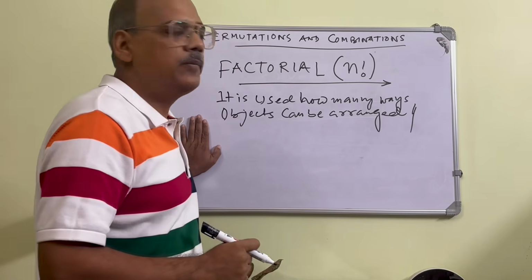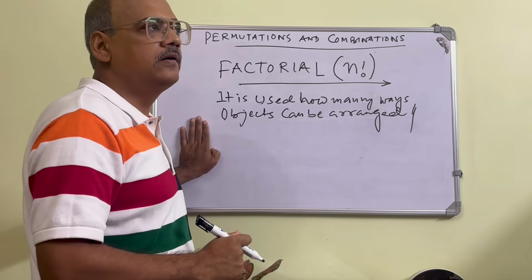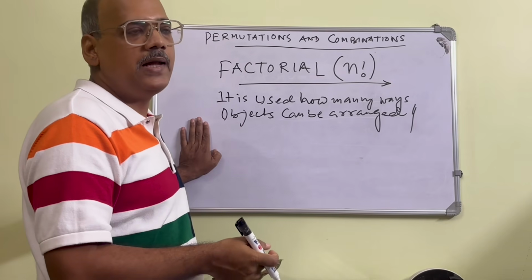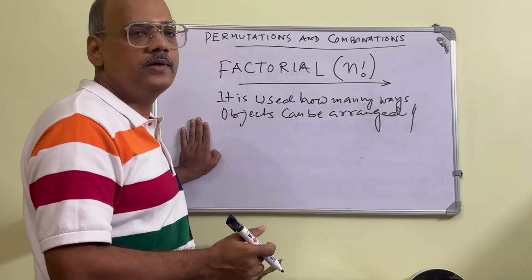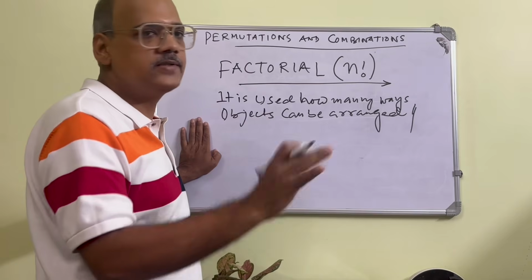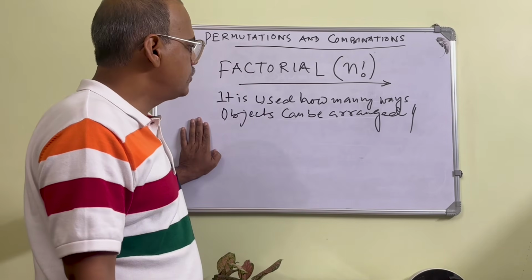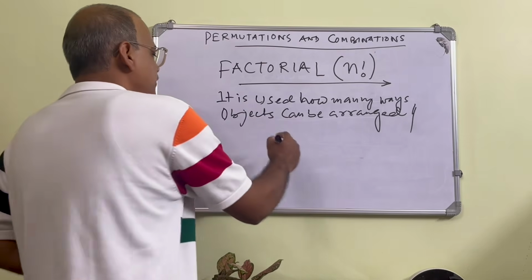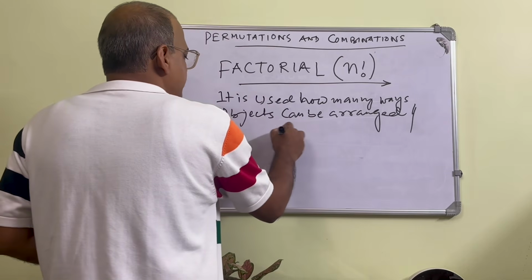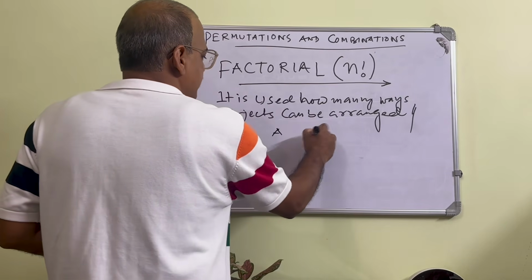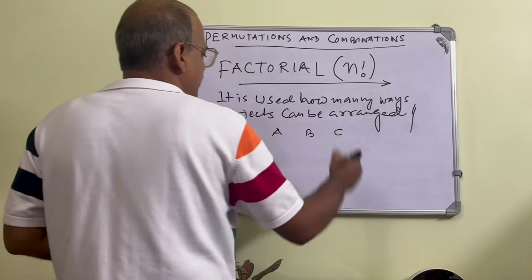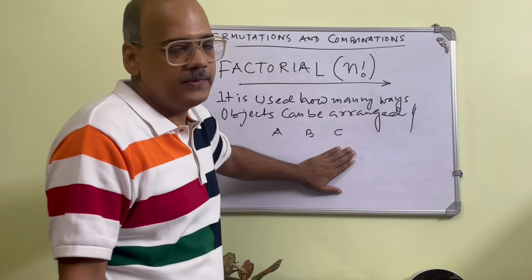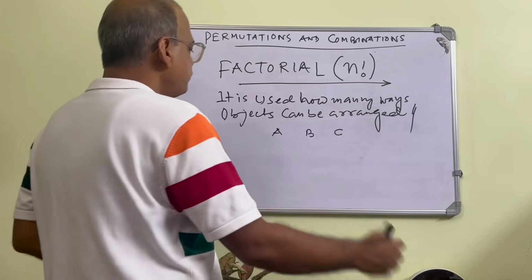Let me give you an example. Let's say you have 3 different comic books from 3 different authors, A, B and C, and you have been asked to arrange them in the possible ways on the shelf. So how many such arrangements can you make?